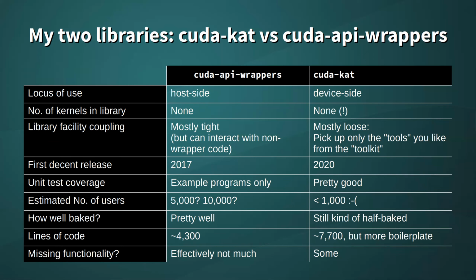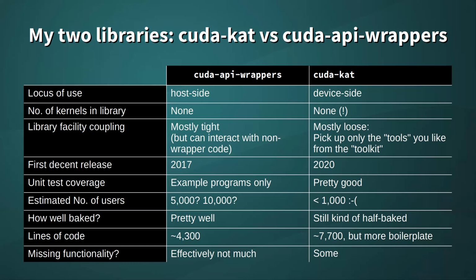So the things that I found useful and wanted to share with the community, I separated along those lines. CUDA KAT is not something that you use in heterogeneous programs. It's really just for when you're writing kernels. And the library itself has zero kernels in itself. It only has device side functions or context for stuff.